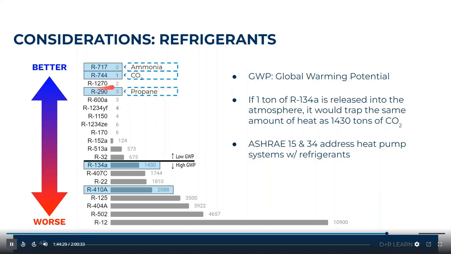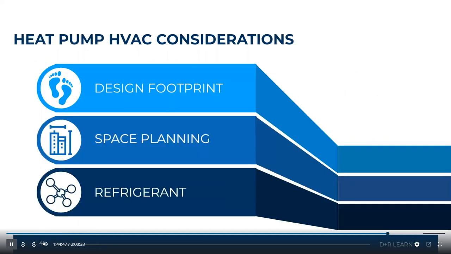I know propane I've dealt with overseas. I have not seen propane stateside, and I don't believe we are regulated just yet to utilize propane. But it does have an extremely low GWP, and it is a very popular type of refrigerant to utilize overseas as well. So just some considerations when dealing with your design footprint, space planning, and also refrigerant.